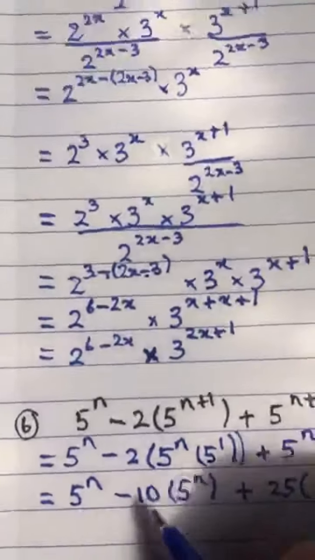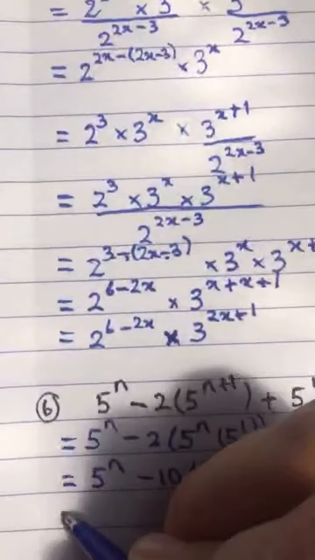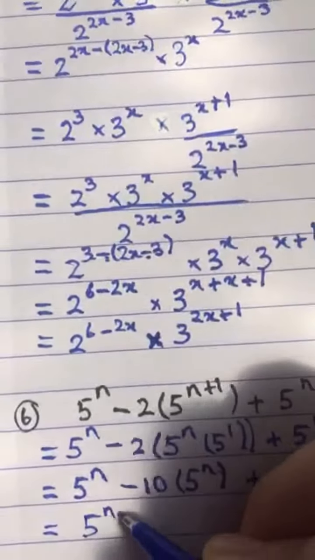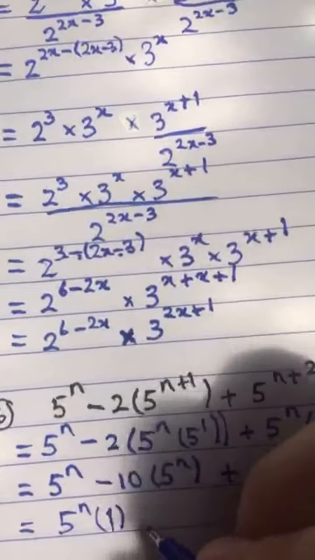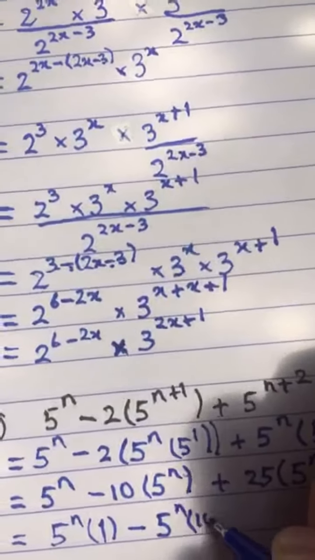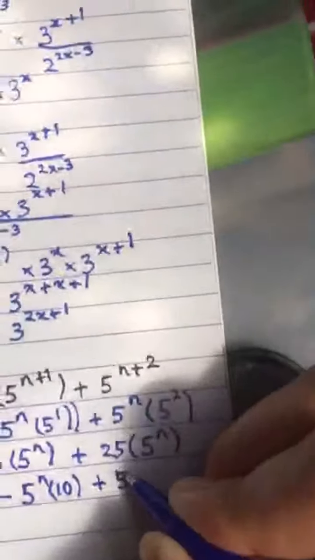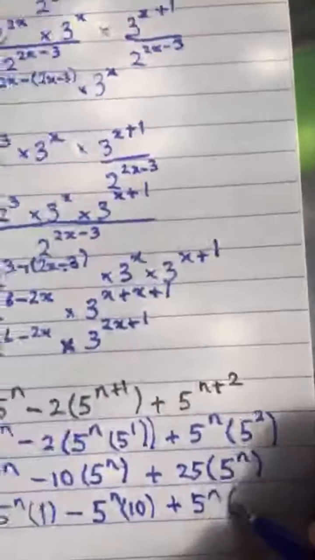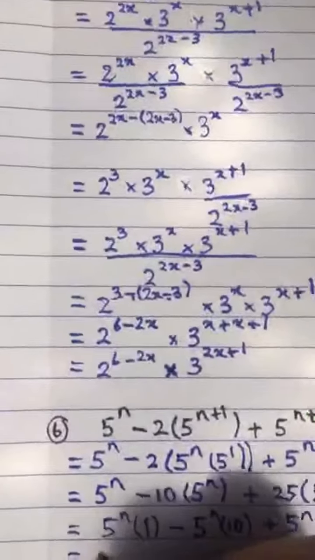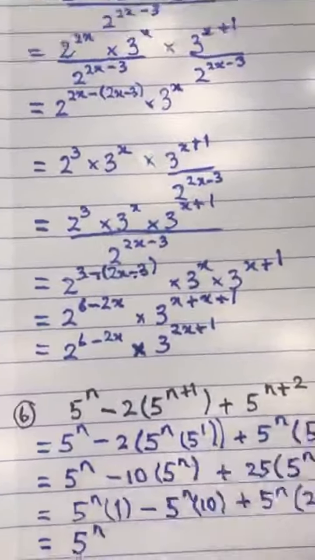So when you simplify everything, this 1 is there, but we don't write it. So you have 5 power n times 1, and then 5 power n times negative 10, 5 power n times 25. Okay, everything simplified.